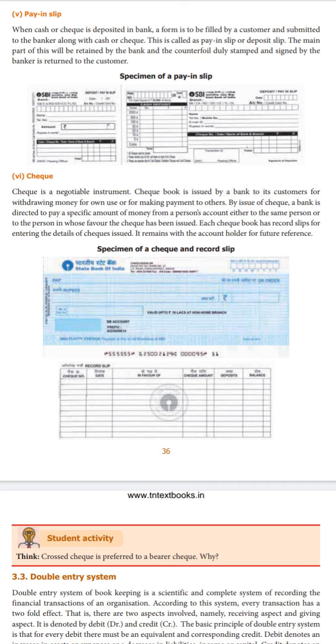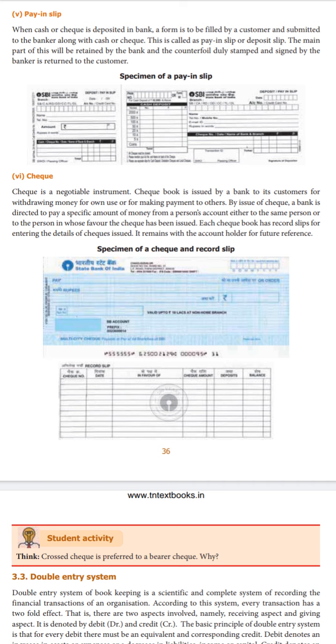Basically a checkbook is issued by the bank to its customer. Whenever we need to withdraw a certain amount, we use this check in the transactions. Here it can either be withdrawn by the same person, that is when you write pay self, which means you are withdrawing for yourself.